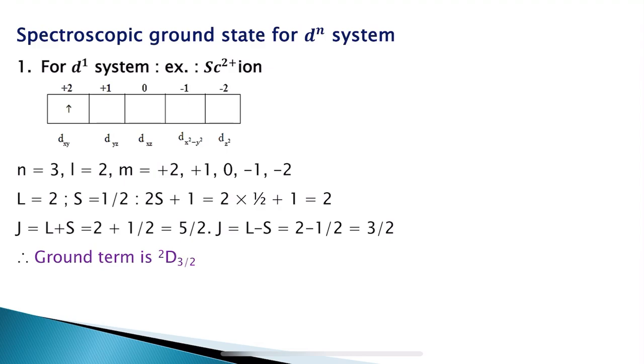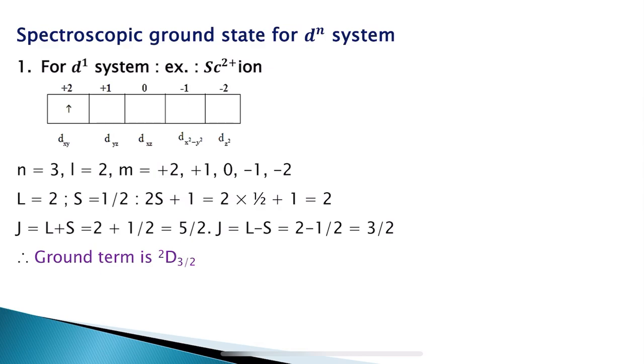By using the factorial sign, we calculated how many microstates can be obtained for the d1 configuration, and also for the d2 configuration. Like that, we learnt how to calculate the different microstates.